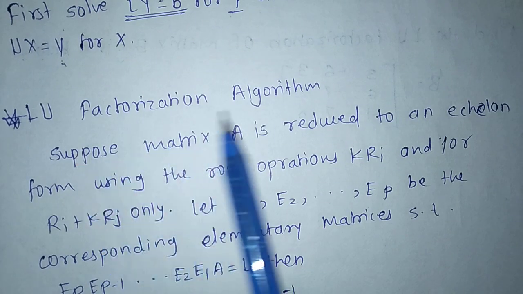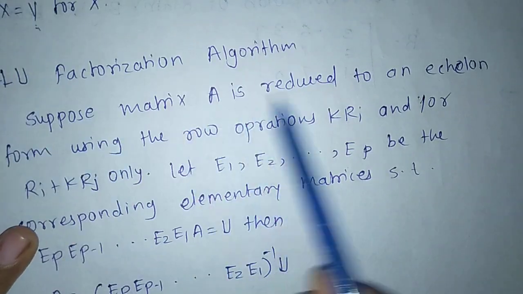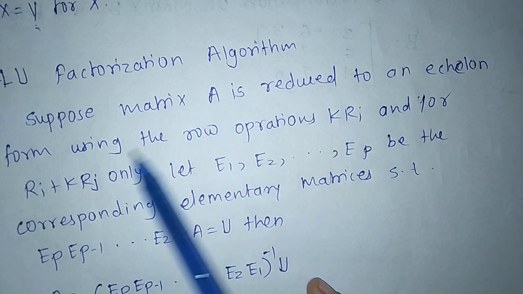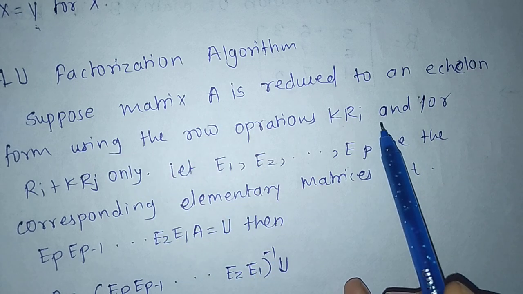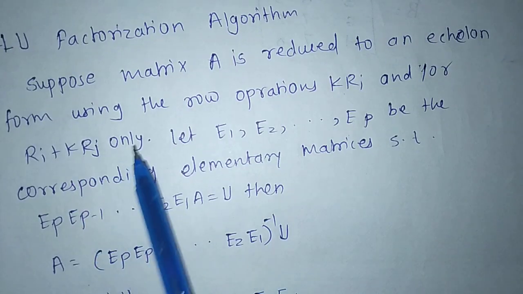Now the LU factorization algorithm. Suppose matrix A is reduced to an echelon form using the row operations k into Ri and/or Ri plus k into Rj only.